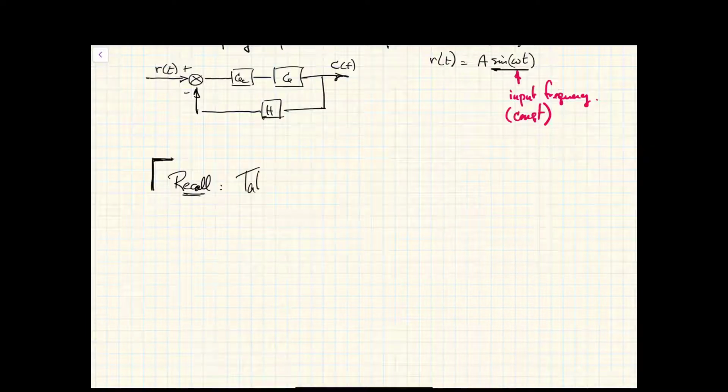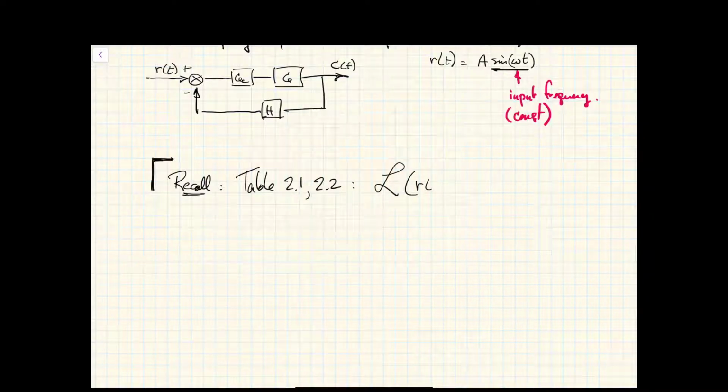Recall table 2.1 or 2.2, I can never remember which one's which, where we look at the Laplace transform of various r of t's, and call this big R of S now.